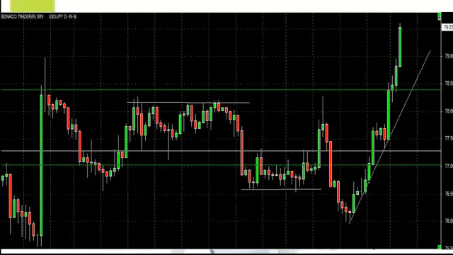So here's an example of a chart on the USD yen. We talked about the example earlier of exchanging US dollars for yen. Now this is the dollar yen currency pair, and what we can see here is that since around this point, the value of the dollar has strengthened against the yen.